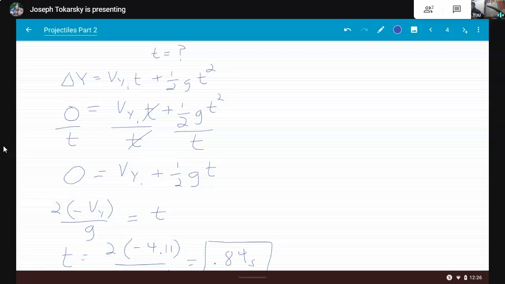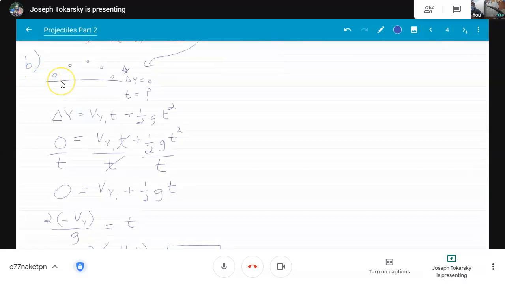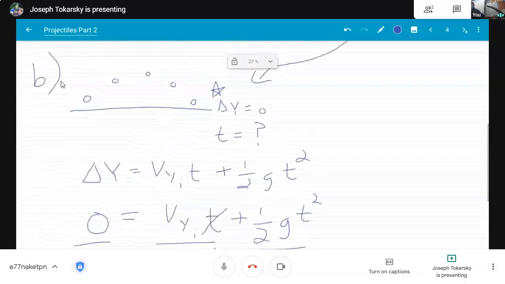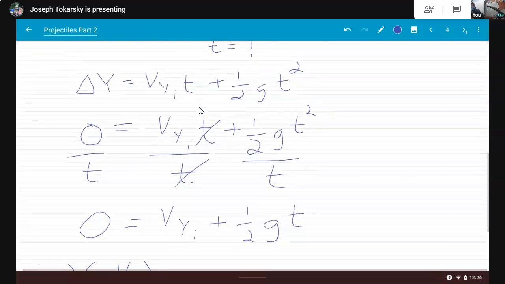But this way is really the most typical, best way to go using only givens to figure out the total time from beginning to end of a projectile fired at an angle, one that comes back down to where it started. But listen, you're trying to say use equation 1. Well, equation 1 has VYF in it. Do we have VYF?